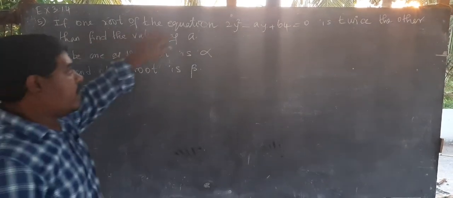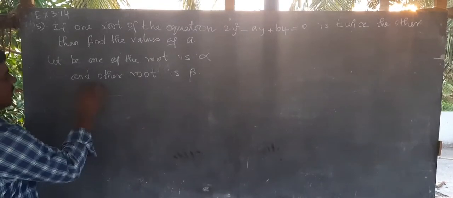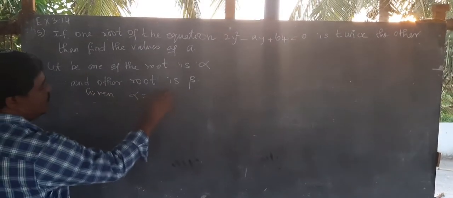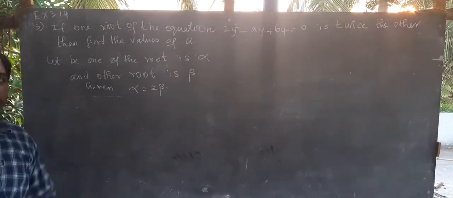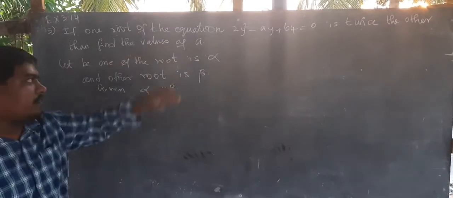One of the roots of the equation is twice the other. So given is alpha equal to 2 beta. That is the meaning of this: one of the roots is twice the other. Then we have to find the values of a.